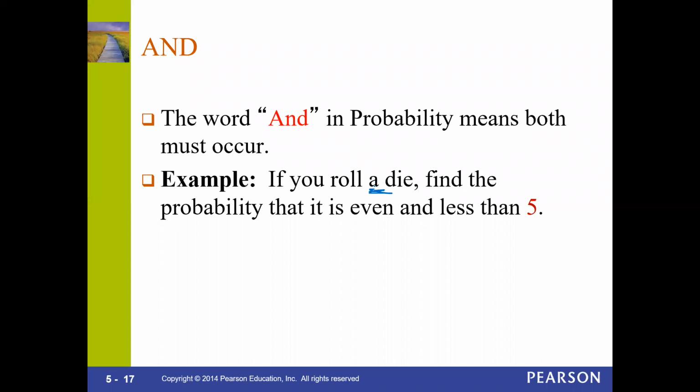So if I'm rolling only one die, my n will be just 6, because I only have one die. So my answer will be just 6 because just one die. So then what we need to find is the probability that it is even and less than 5.